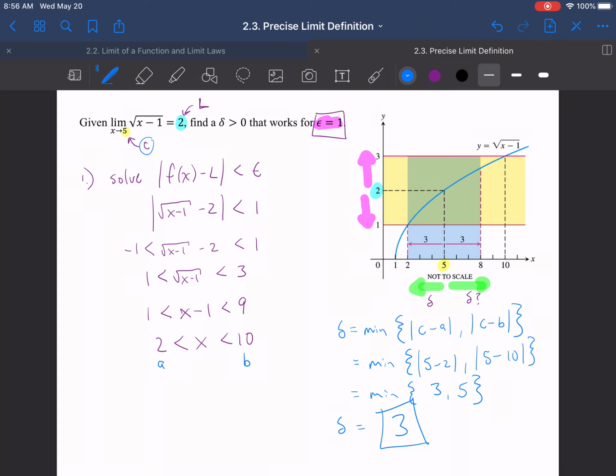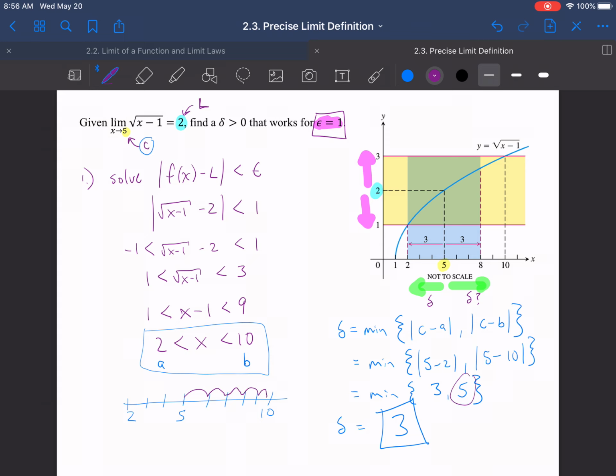And you could do the same thing looking back here. We know that we're at 2. We're over here at 10. And C is at 5. Right? And so if we look on a number line, it's like 2, 3, 4, 5, 6, 7, 8, 9, 10. We see here that we're 1, 2, 3, 4, 5 away from 10.